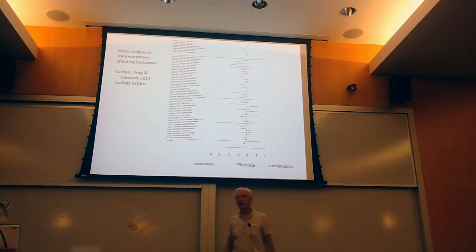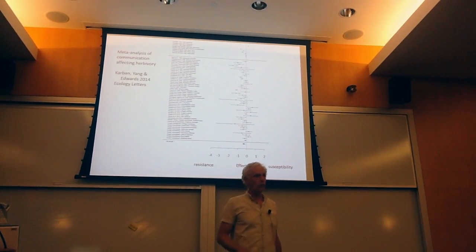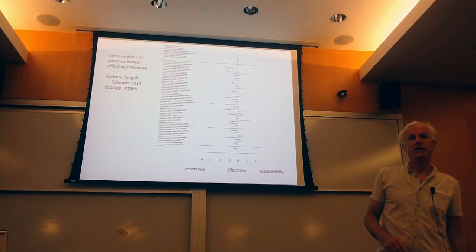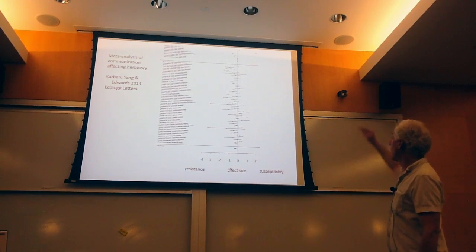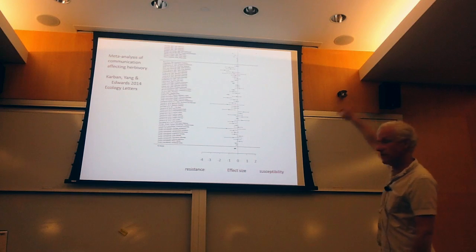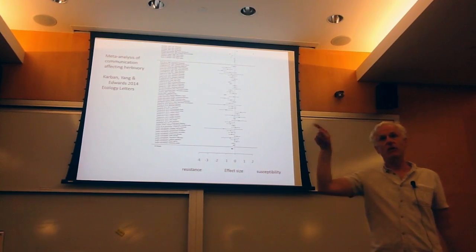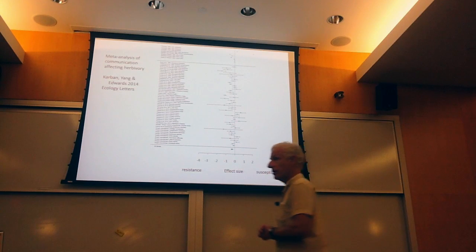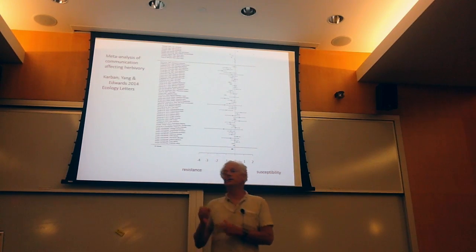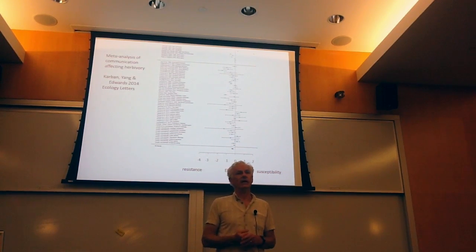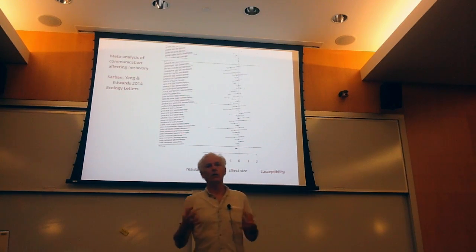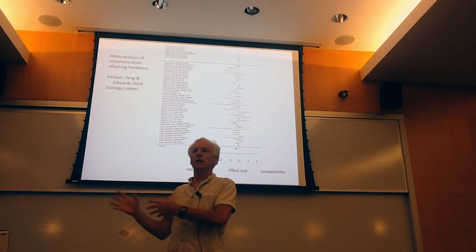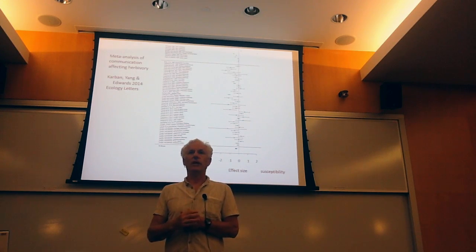The early studies were criticized for not being very well replicated, and those are the studies at the top, and they have no error bar because they were not rigorously replicated. And I think early skeptics were critical of these studies because they weren't carefully replicated.